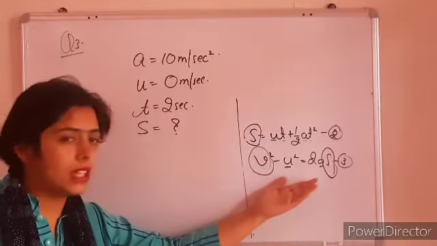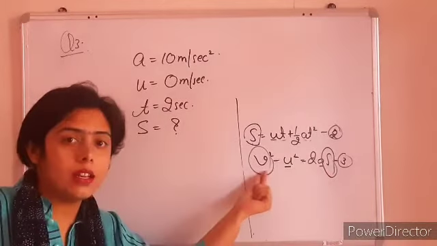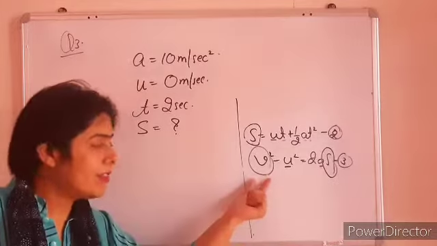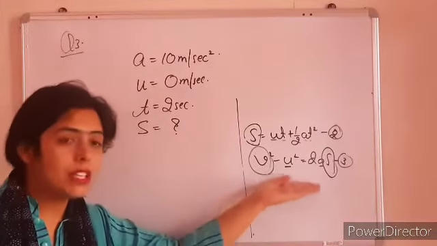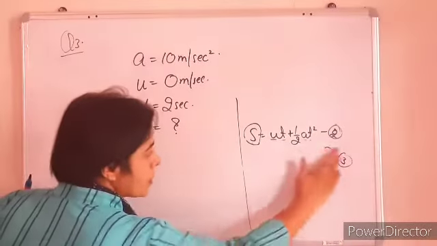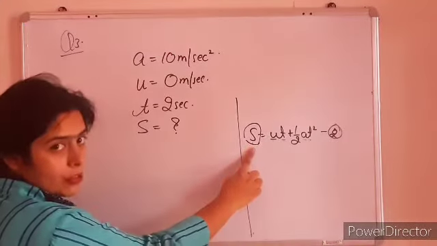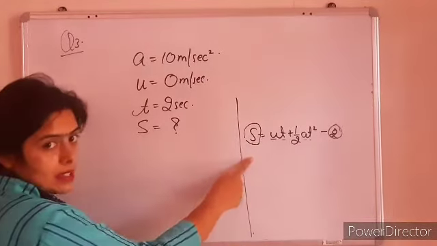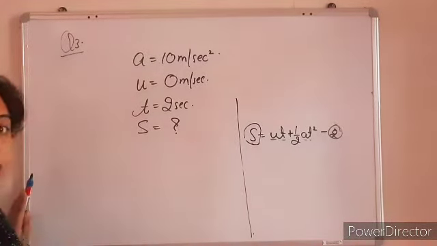But if you look at the third equation, there are 2 unknowns. S you have to find out, and V is not given. So you cannot apply this formula. And if you look at the second equation, only one thing is missing, which you have to find out. Rest all you have. So we have to apply this. This is the way to find out which formula is to be applied.